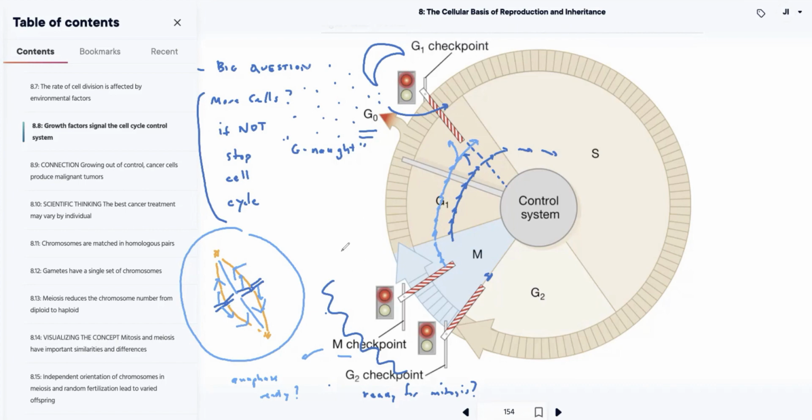Okay, and sometimes cells don't behave entirely correctly, and that's the situation where we start seeing behaviors like the formation of a tumor, right? So if cells were supposed to go in this direction, but instead they were allowed into the S phase, then we would basically be continuing on with more and more cell cycles, and that's going to cause us to have a big lump of cells where you don't really need a lump of cells, right? That would be the formation of a tumor, right?